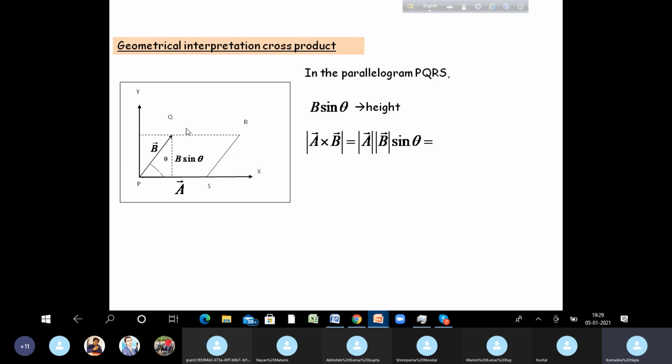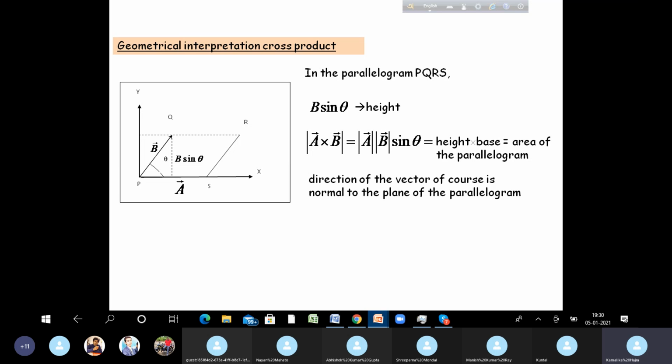So basically this is height into base of a parallelogram, which means that you get the area of the parallelogram. So when you are taking cross product of two vectors, the magnitude that you get is the area of the parallelogram, the sides of which are formed by the given vectors. All right.